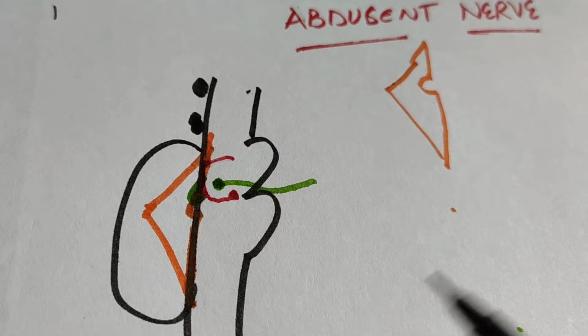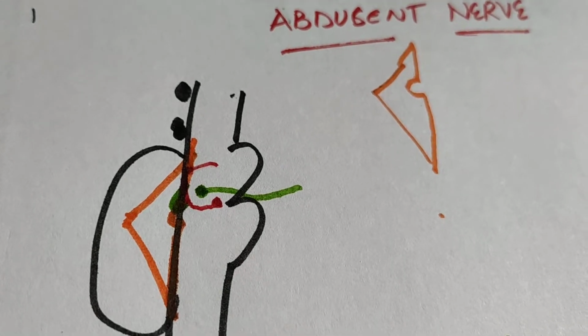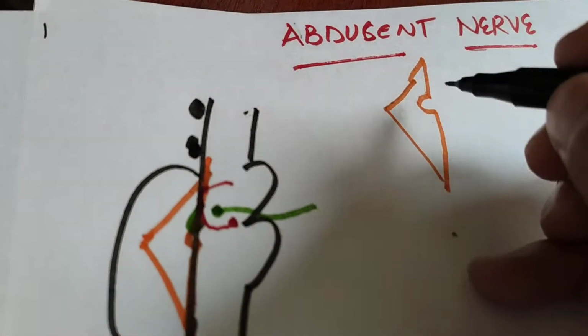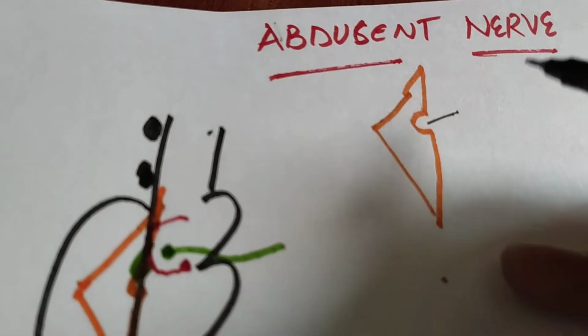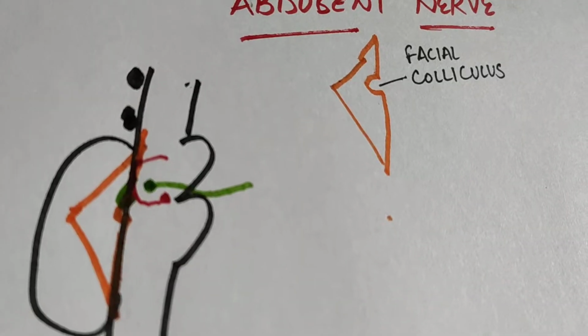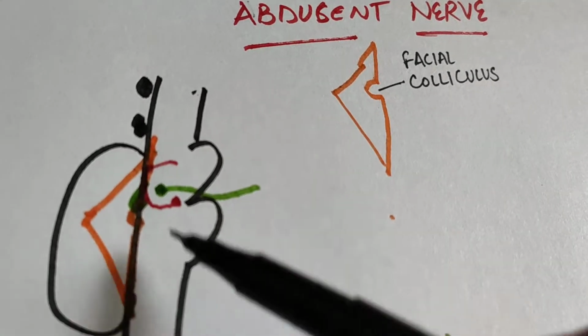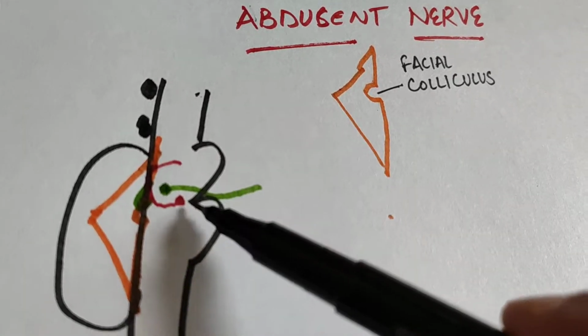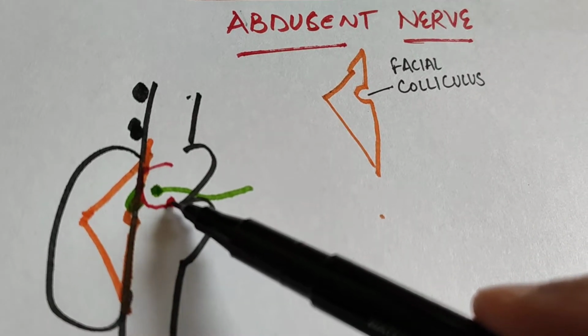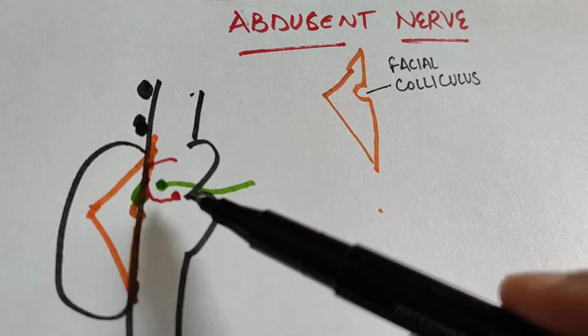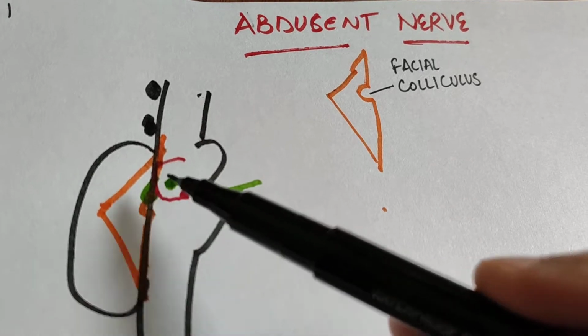What is the seventh cranial nerve? It's the facial nerve. So this depression is known as the facial colliculus. This is the facial colliculus, a depression formed in the floor of the fourth ventricle by the seventh cranial nerve, because it emerges from behind the sixth cranial nerve nucleus.